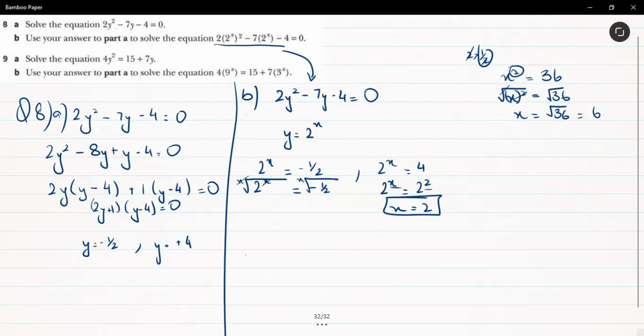And then this would be cancelled out, and I would get 2 is equal to something like this. However, you notice that whenever we get a negative value under root, we get a not applicable solution. So this is going to be a wrong answer because there's a negative value in an under root. And that's it. This is for part A.